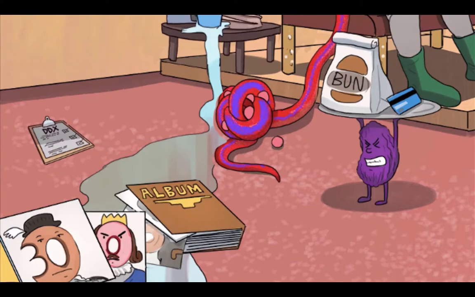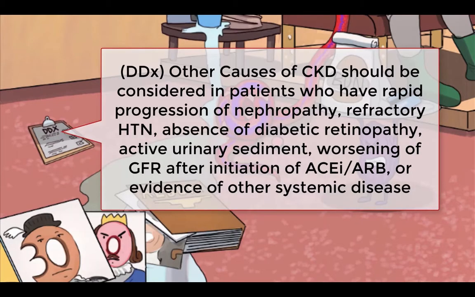That said, other causes of chronic kidney disease should be considered in certain circumstances. Here are some clues that you're dealing with something other than diabetic kidney disease. First of all, diabetic nephropathy is a slow progressive disorder. If patients show rapid progression of their renal disease, think about other etiologies.